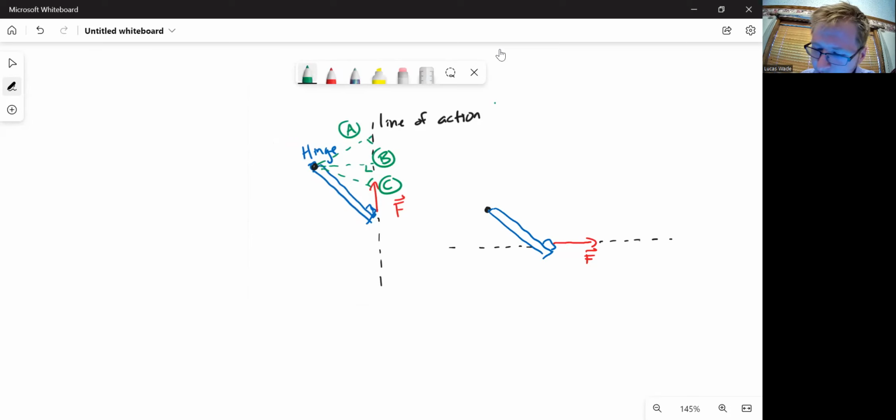How can I find the lever arm here? It will be the y-axis. Yeah, so it's the vertical line. Maybe I get it wrong the first time. I'm like, well, maybe it's that. That seems right because it's perpendicular to the door, but it's not perpendicular to the line of action of the force.